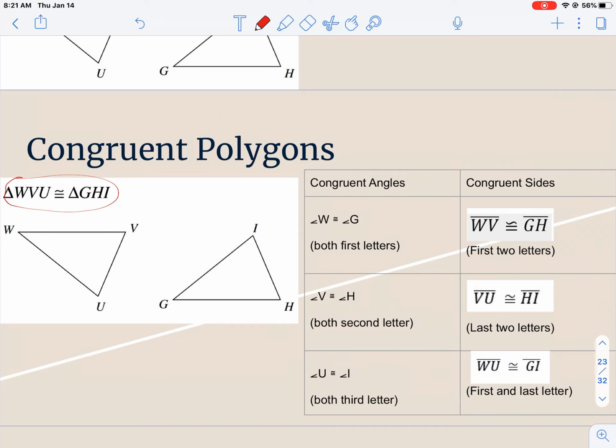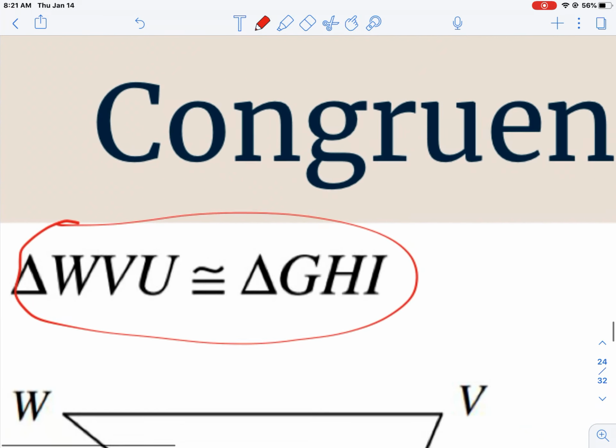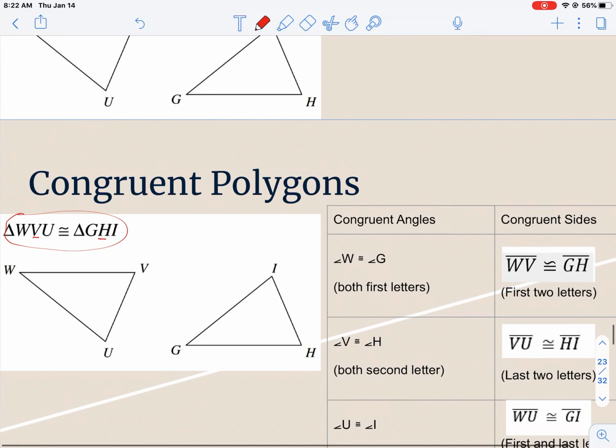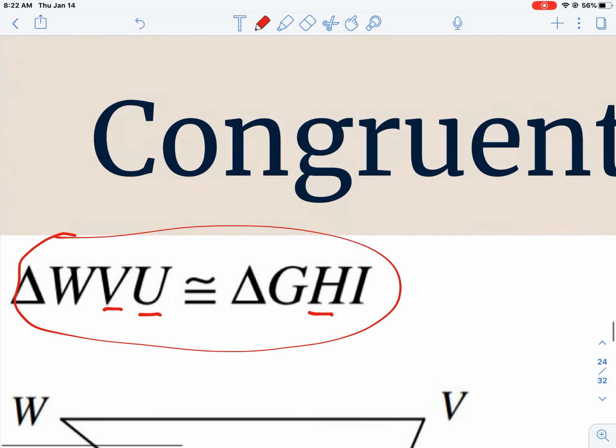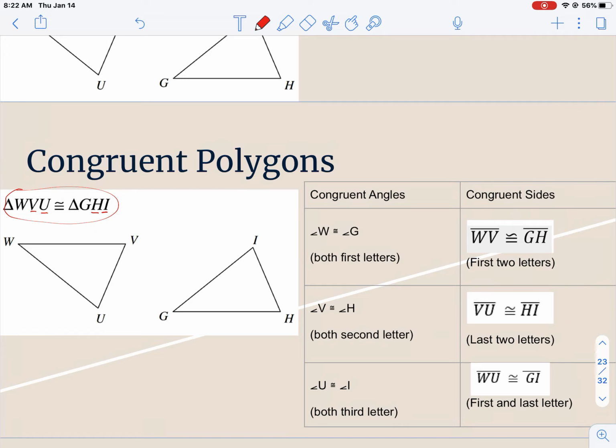Since W is the first letter in the first triangle and G is the first letter of the second triangle, then we know that angle W is congruent to angle G. Since angle V is the second letter of the triangle and angle H is the second letter of the triangle, in this congruence statement right here, in this statement, not on the triangles, but in that statement. So since V and H are both the second letter, angle V is congruent to angle H. And since U and I are both the last letter, angle U is congruent to angle I.